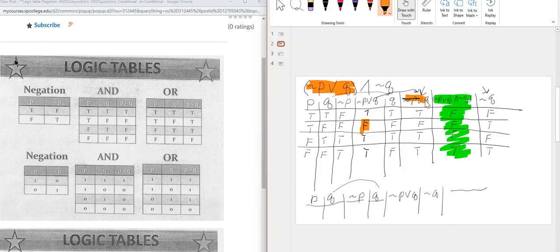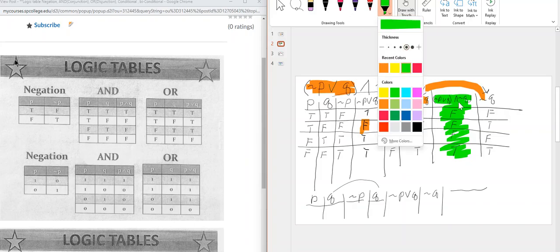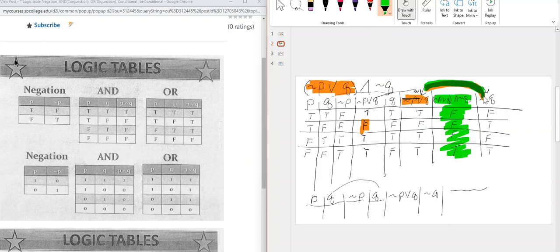And now I'm going to put these two together to make the green one here. The key here is this. I don't really care what these are anymore, so long as I know which columns I'm supposed to be working with.